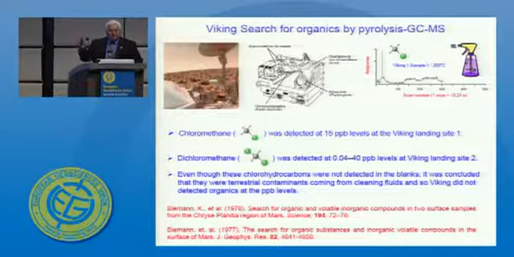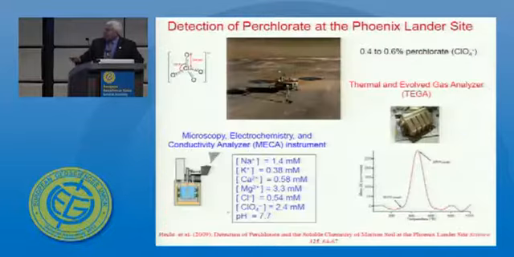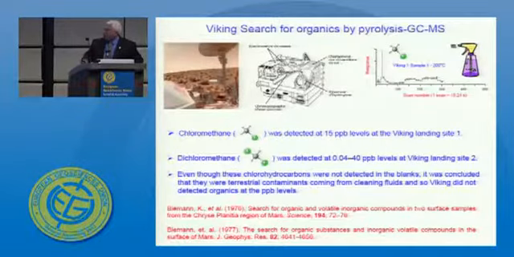They were done during the Viking mission experiments with desert soils from Antarctica and the Mojave Desert. In all cases, they were producing different kinds of organic compounds, but they never detected the presence of chlorohydrocarbons.